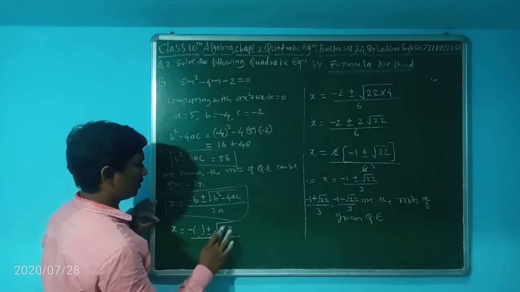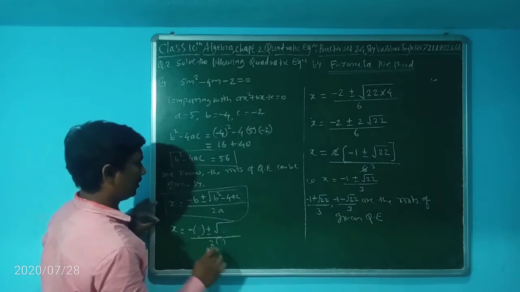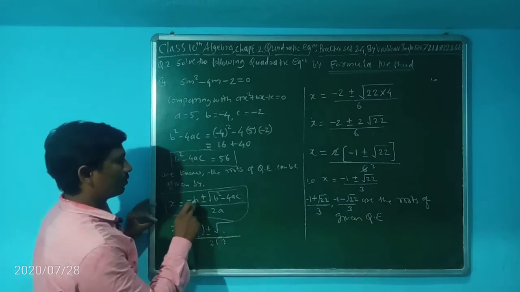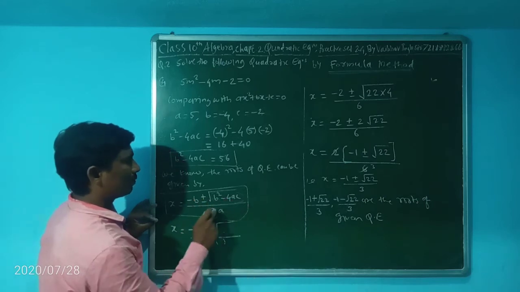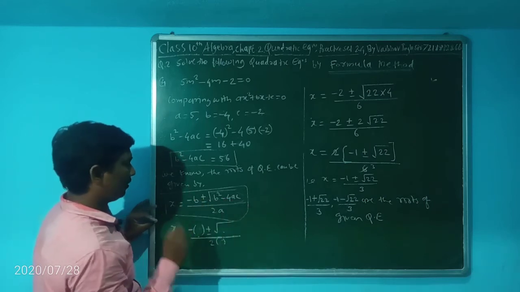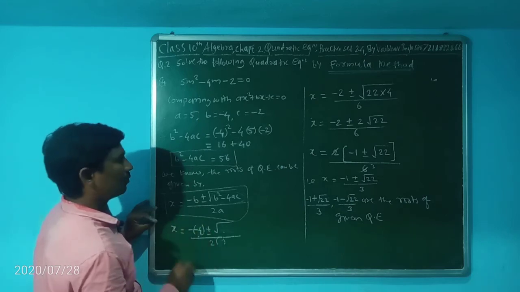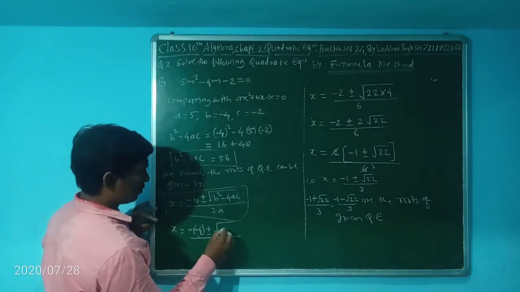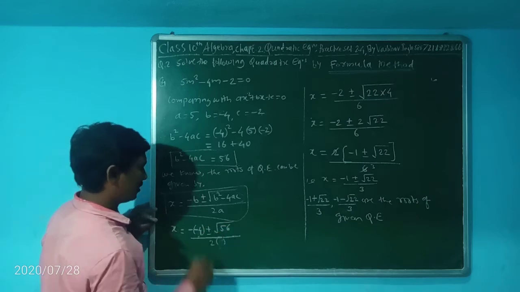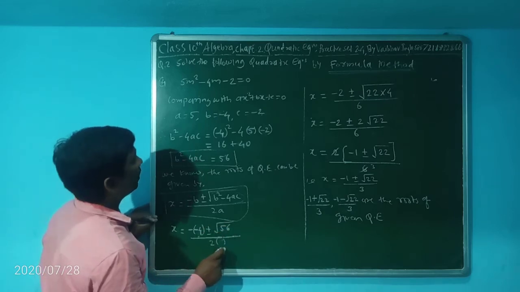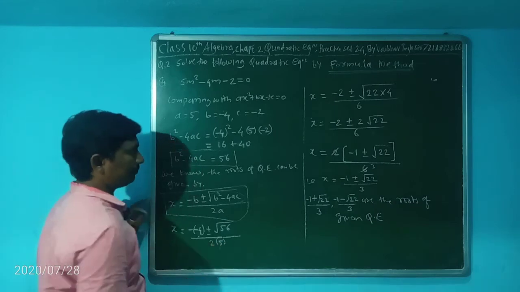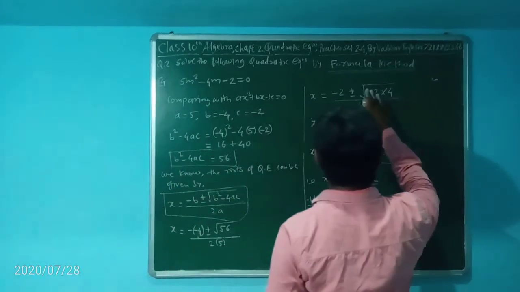So put the values in the formula, x equals minus b plus minus under root b square minus 4ac upon 2a, to find the roots. So minus b will be minus of minus 4, square root of b square minus 4ac will be square root of 56, and 2 into a is 5, so 2 into 5. Now just simplify.